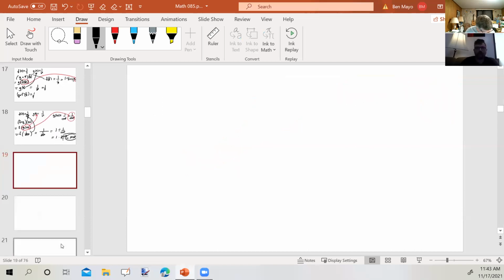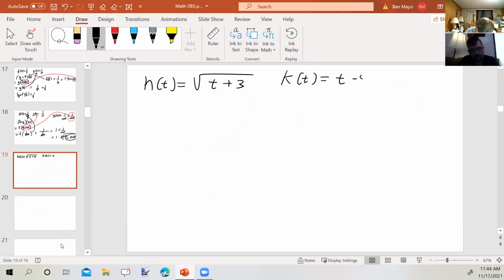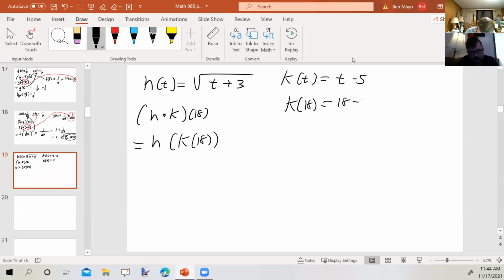Okay. New set of functions. h of t equals the square root of t plus 3. k of t equals t minus 5. We're going to find h composed with k of 18, which is h of k of 18. k of 18 equals 18 minus 5, which is 15.